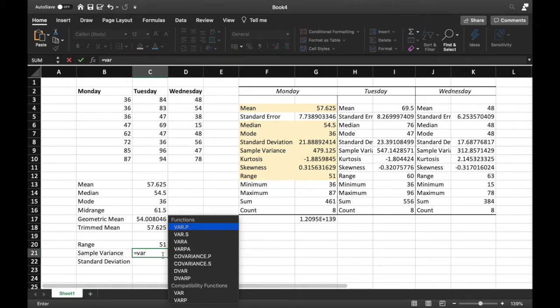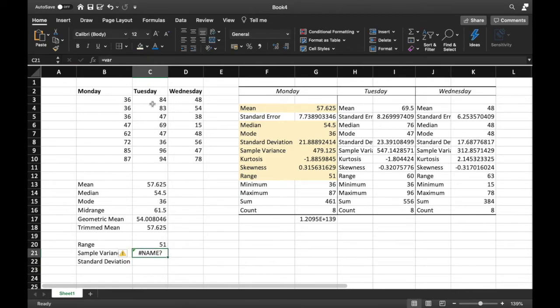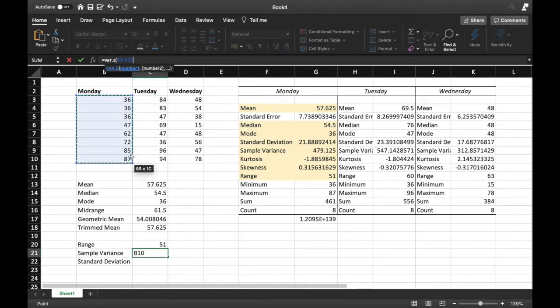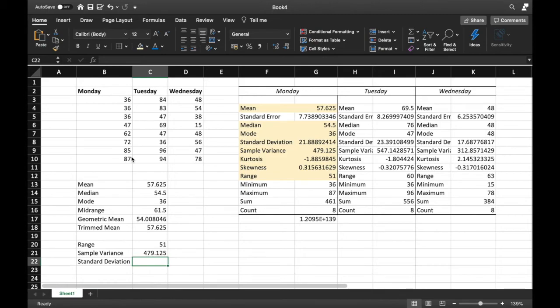VAR.P refers to a population, while VAR.S would refer to a sample. So let us say we're using sample, and then we highlight again all of the numbers we have here, and it gives us 479.125, which is equal to what we have here from the descriptive analysis result.